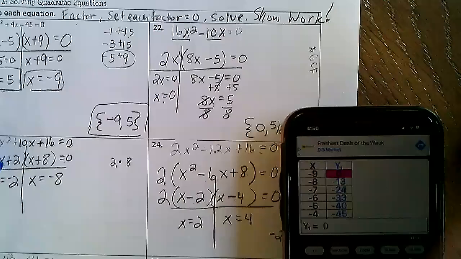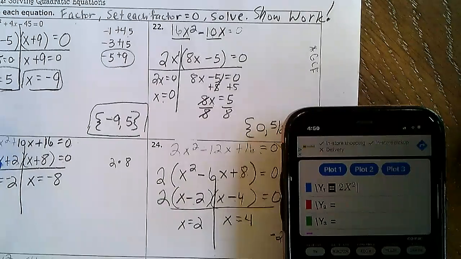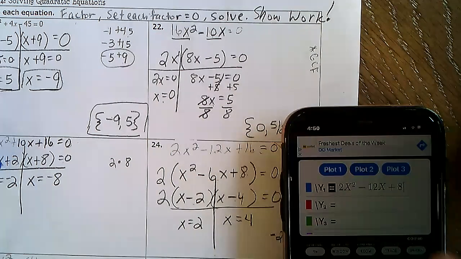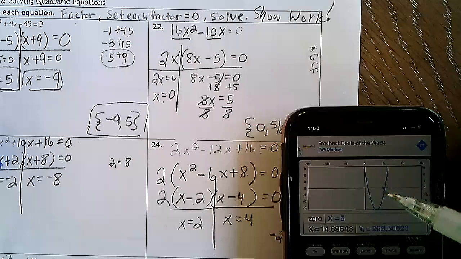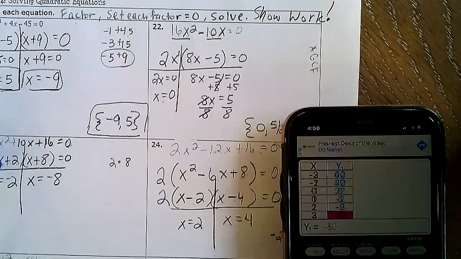So now if I wanted to check this just to show you, if you type in 2x squared minus 12x plus 8 and graph it, it is going to cross at +2 and +4. And if you go to your table, it's going to have zeros at, oh, you know why it didn't do it?